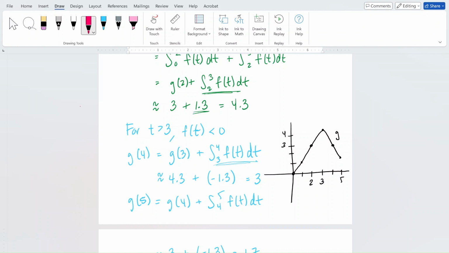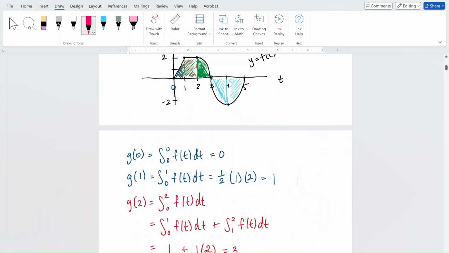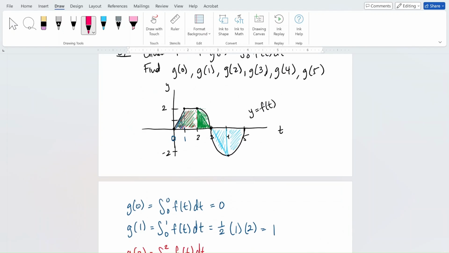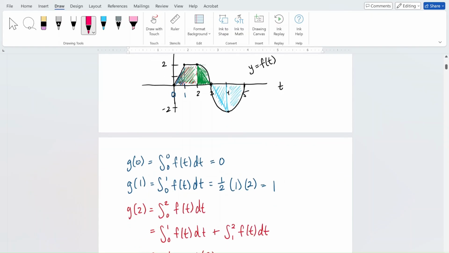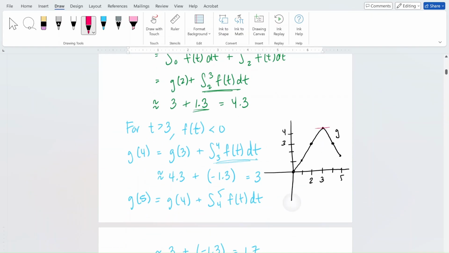You think of tangent lines when you think of derivatives and its slope. And what is the slope here? This would be 0. If you go back to my original diagram above, at 3, f of 3 was 0, which is precisely what we get in terms of connection.